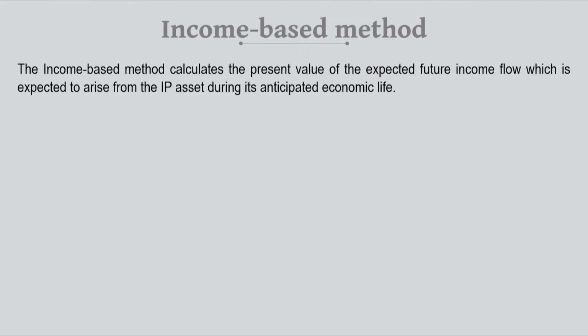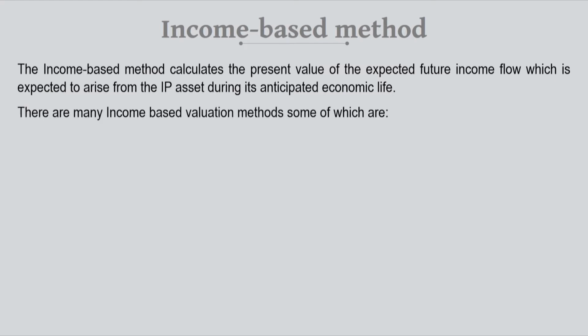The next method is income based method. The income based method calculates the present value of the expected future income flow which is expected to rise from the IP asset during its anticipated economic life. That means, how much income will be there during the time period of that particular IP asset. This is your income based method.